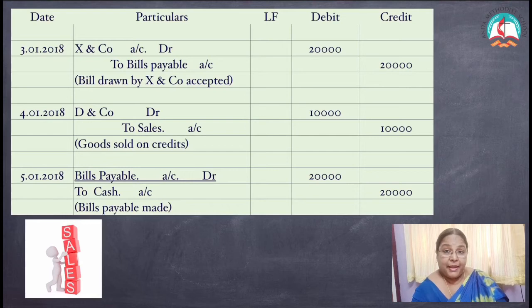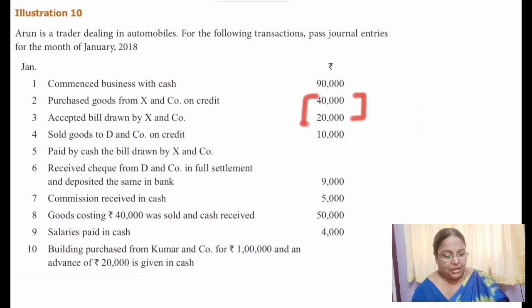Bills payable made. That is, we are paying the bills payable. The amount has been paid. So what goes out? Cash goes out. Cash has to be credited. Can I bring in the trader's name again? No, because already a bills payable note has been prepared and accepted. So bills payable account debtor to cash account.